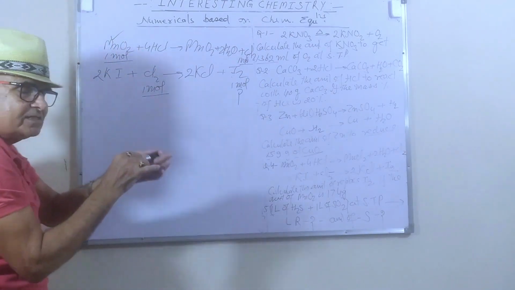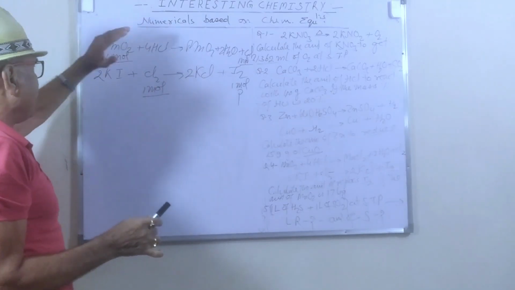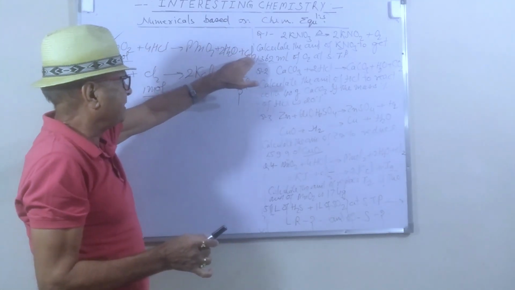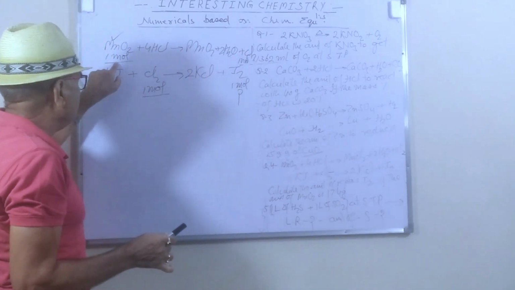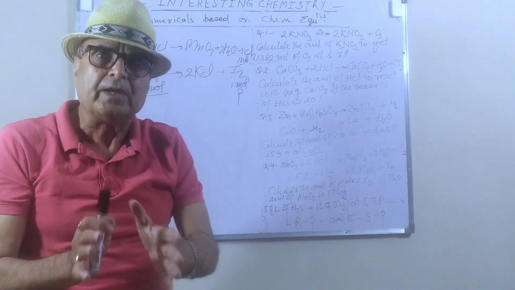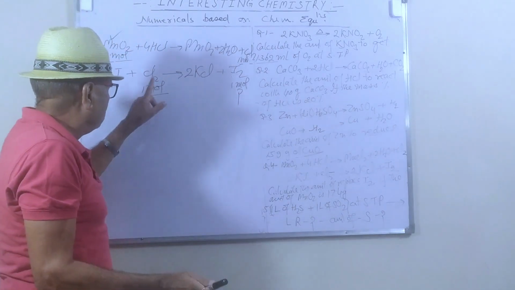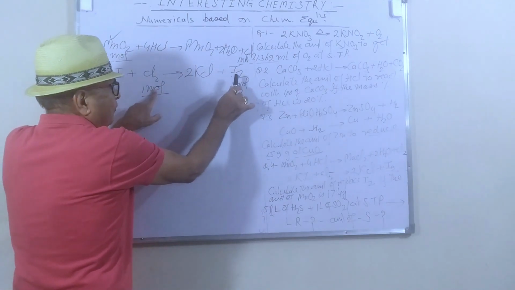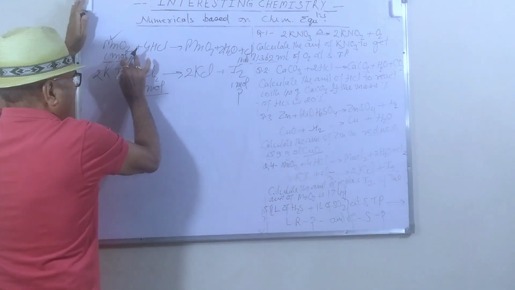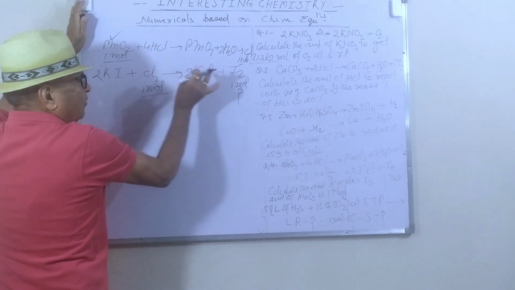So how will you establish the relation between MnO2 and I2? Here MnO2 when reacting with HCl produces chlorine, Cl2. So 1 mole of MnO2 produces 1 mole of Cl2, and this 1 mole of Cl2 is sufficient to replace 1 mole of iodine. So the chlorine produced by 1 mole of MnO2 is sufficient to replace 1 mole of iodine.